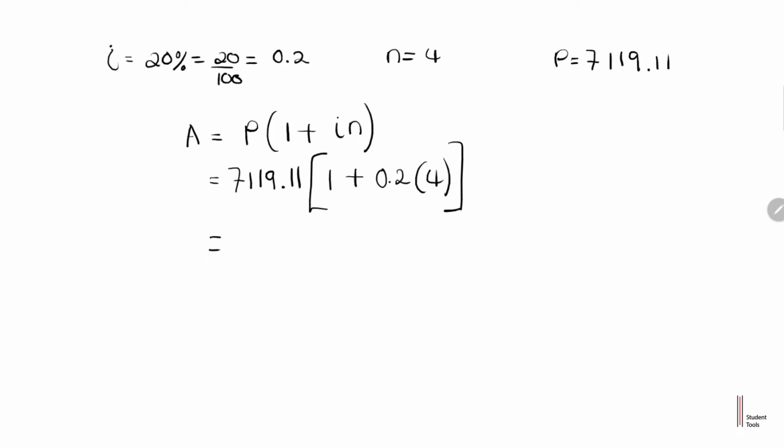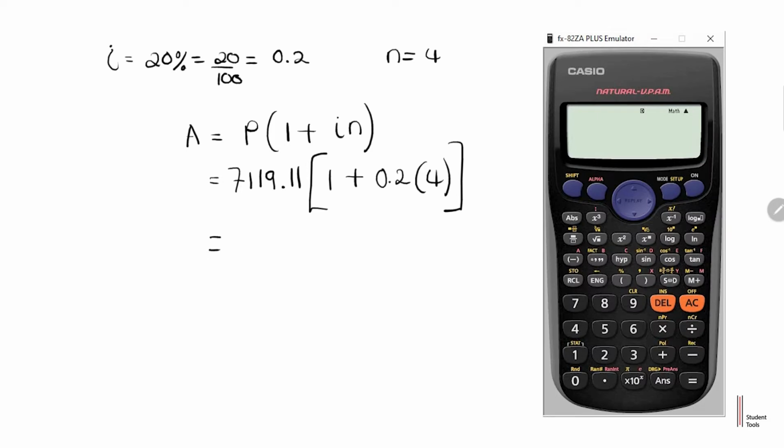So we will punch that in our calculator. So in our calculator we have 7,119.11 multiplied by a bracket 1 plus 0.2 multiplied by 4. Close bracket, close bracket.